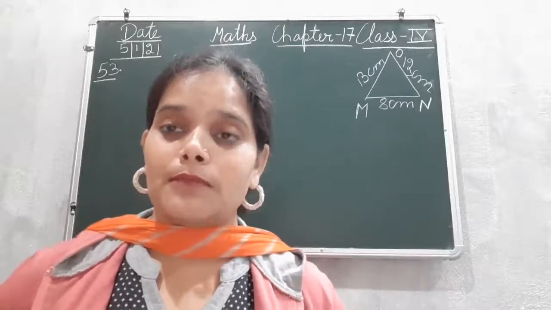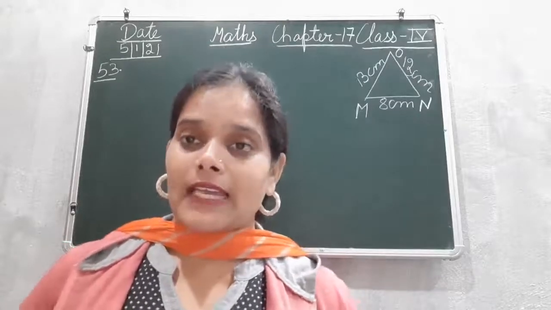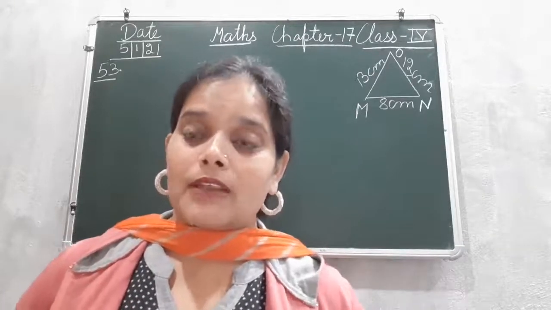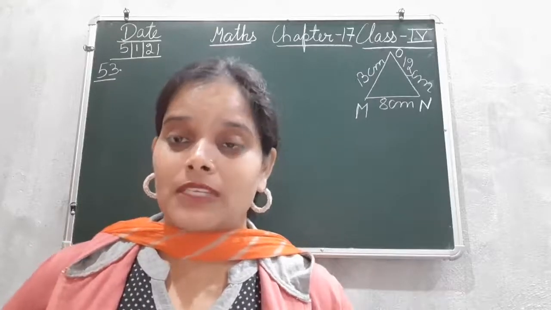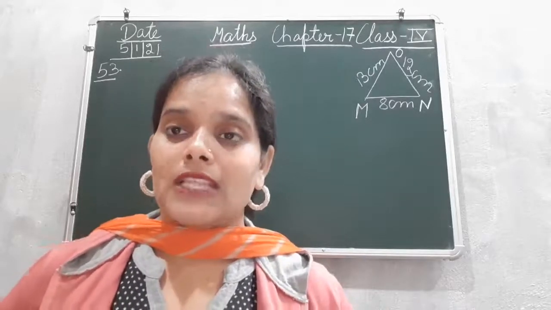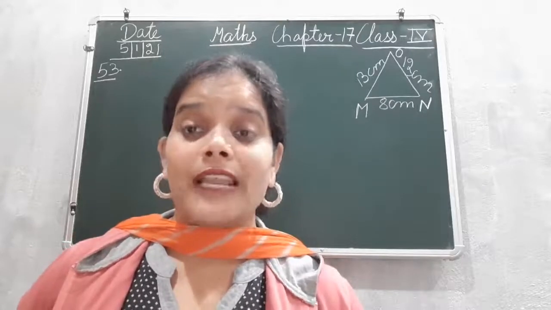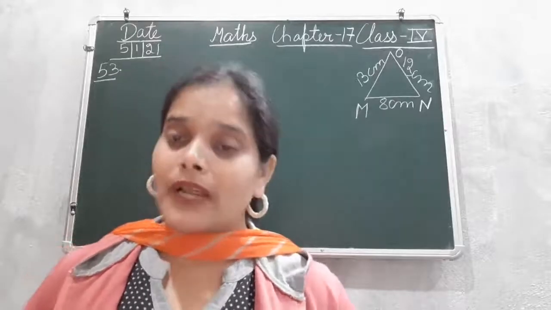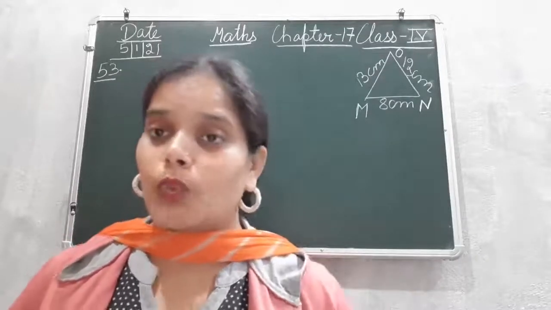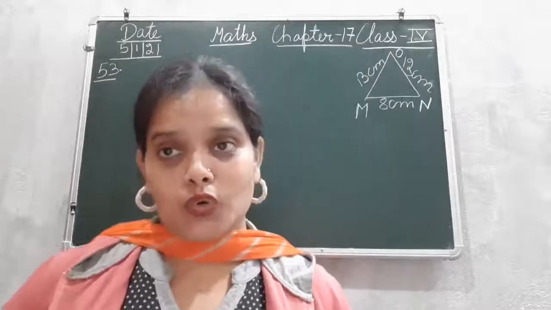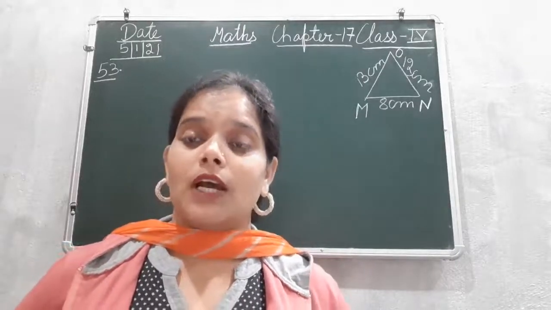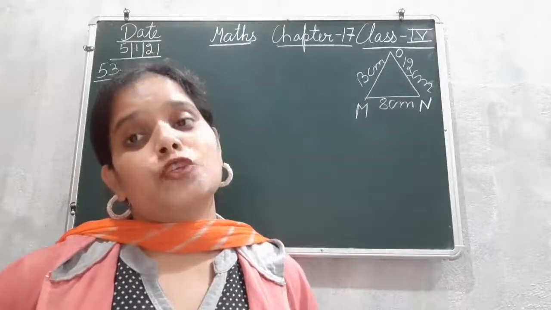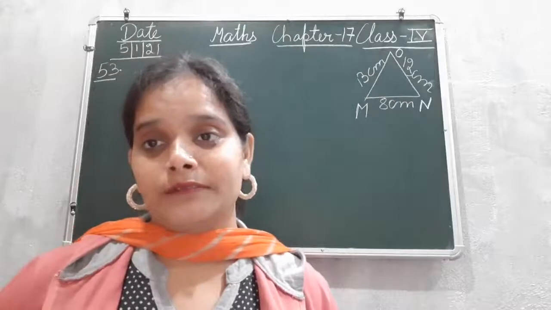The perimeter is the sum total of all the sides, or the sum total of all the lengths, of a given figure, चाहे वो ट्राइंगल हो, क्वाड्रिलेटरल हो, स्क्वायर हो, रेक्टेंगल हो, whatever it is, but it should be a closed figure only, and it should be a polygon, a closed polygon. Clear?